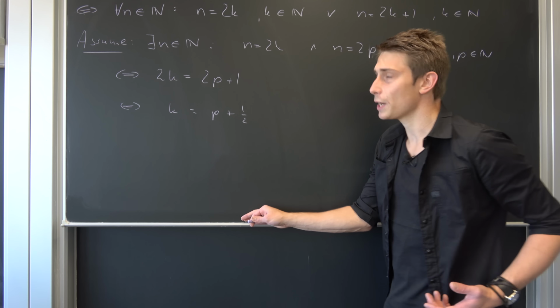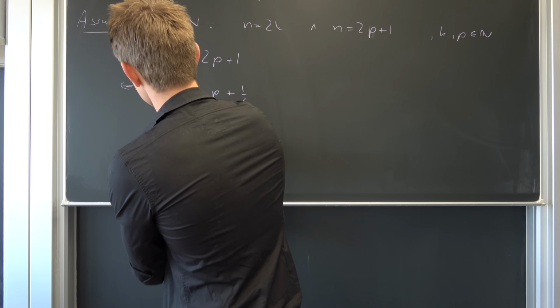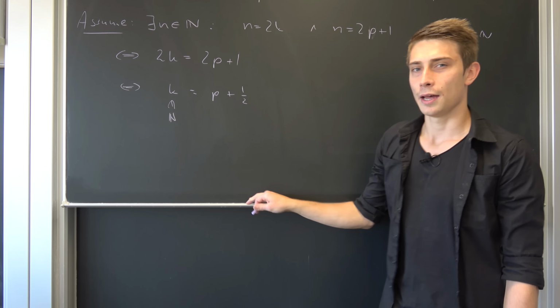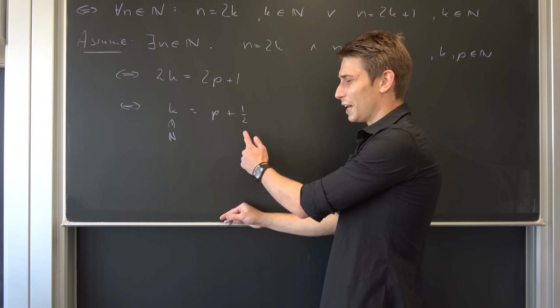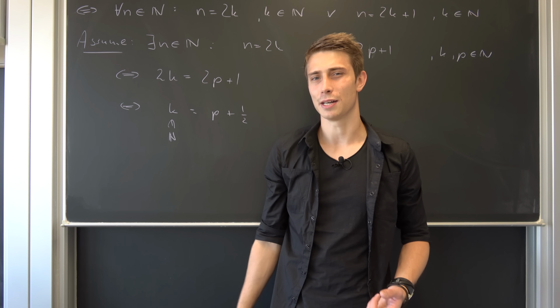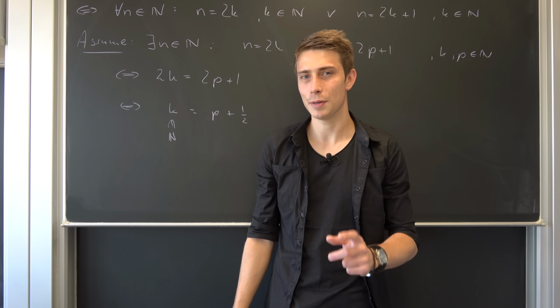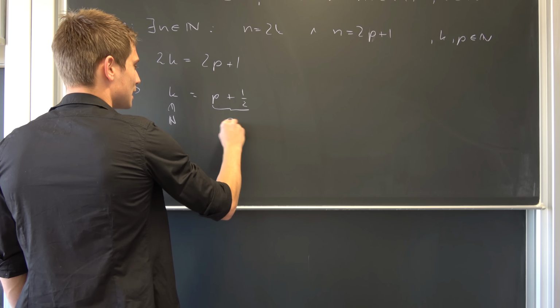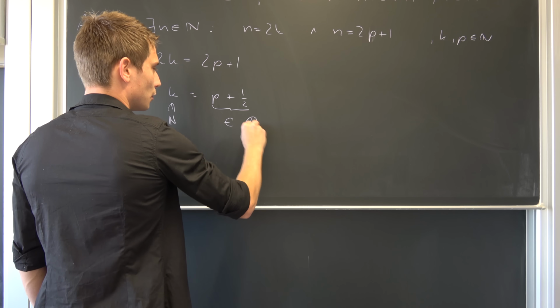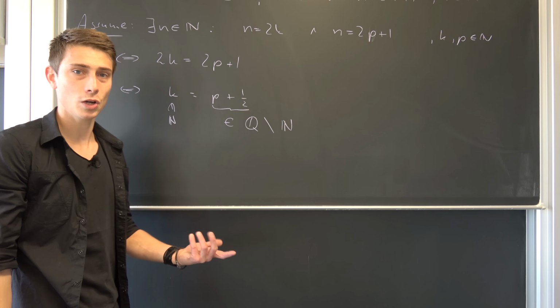Well, you see, on the one hand, we have assumed that k is an element of natural numbers, so this right here is an element of natural numbers. But on this side, p is an element of the natural numbers, but 1/2 is an element of the rational numbers. Those two added together is not an element of natural numbers anymore. So this thing right here is an element of the rational numbers, but not of the natural numbers.